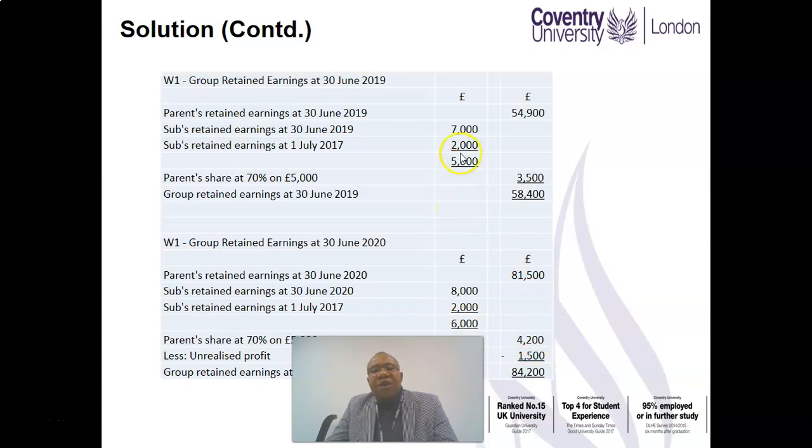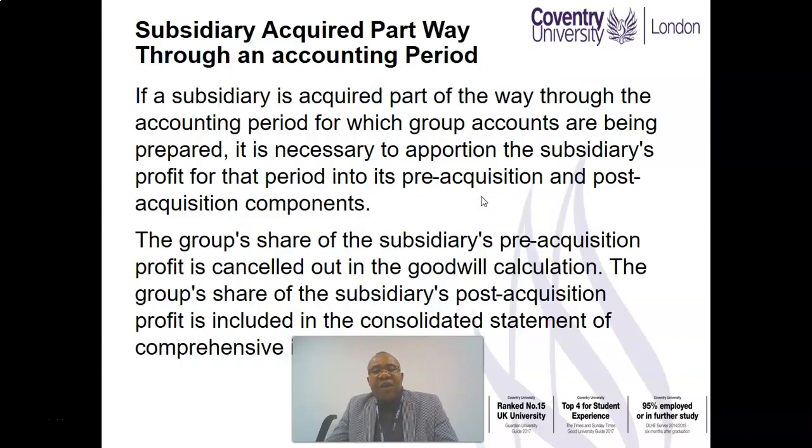Now, of course, the pre-acquisition profit was given to us because the acquisition was some years hence. However, if the acquisition is in the current year, we know that the profit retained at the start of the period is definitely pre-acquisition because we have not had any stake in the subsidiary at the beginning.